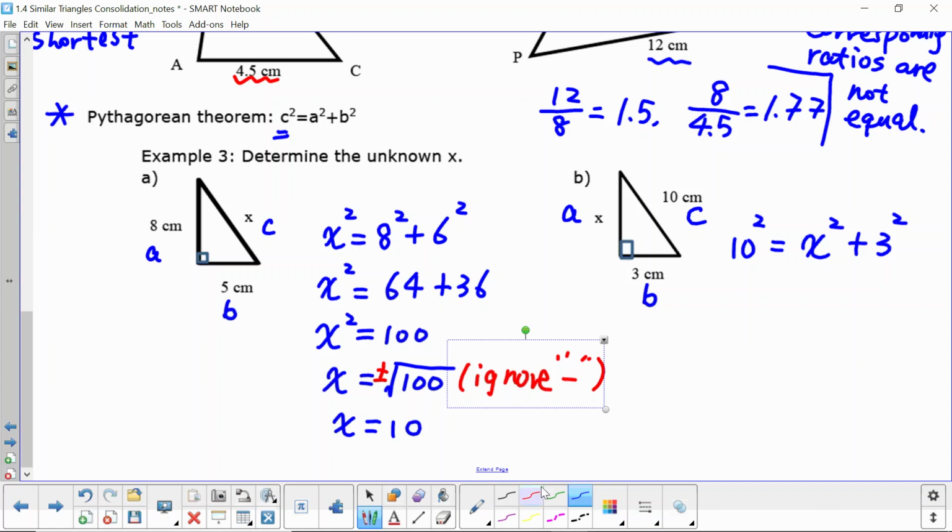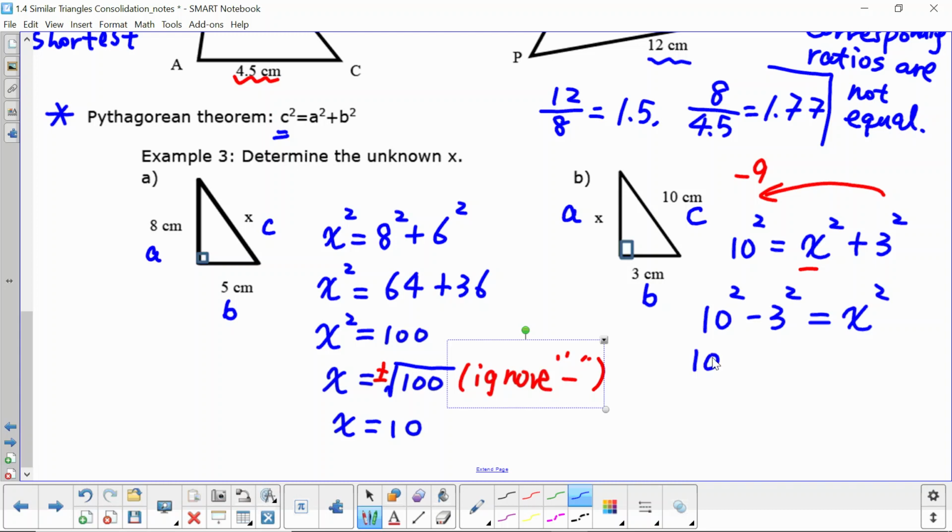And we want to solve for x. We want x by itself on one side, so we want to move the 3 squared to the other side. 3 squared is 9. Plus 9 moved to the other side gives you minus 9. So 10 squared, I will write it again, minus 3 squared equals x squared.